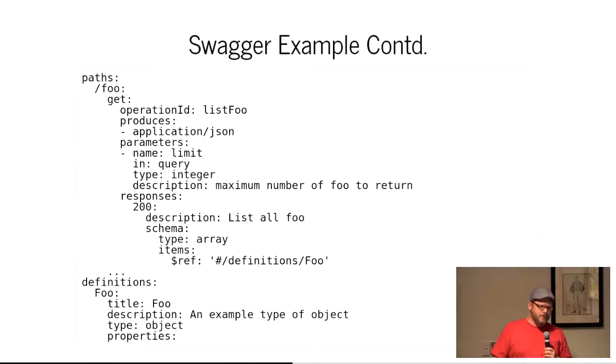As you work down the specification file, you describe the endpoint paths for your API and the types of requests that it accepts and the types of responses that it expects to respond with. And then at the end of the file, you can define common definitions that can be referenced throughout the specification, so you don't have to repeat yourself if there's a common object model that you're using.